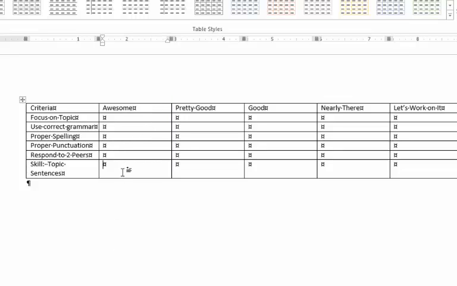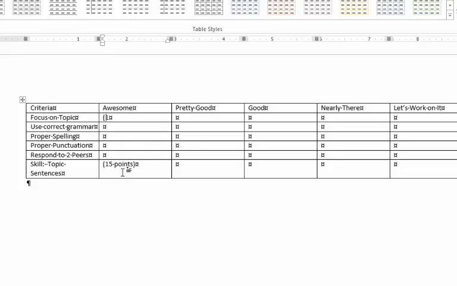Now, I said that the topic sentences are my focus this week. So if this discussion is worth, let's say, 50 points, I may make this worth 15 points or 20 points, and then everything else will fall in line from there. So if I make it 15 points, I have 35 points left.